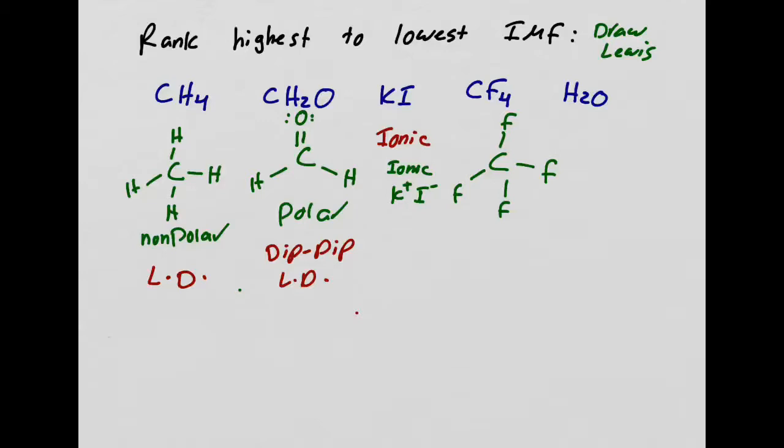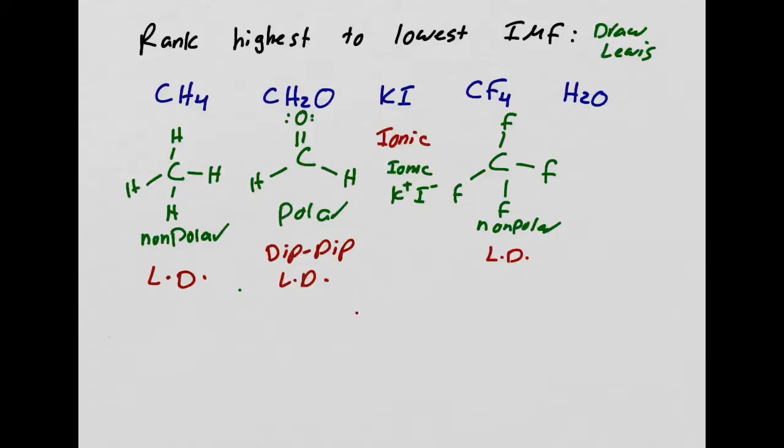Now, if it's covalent, the question is, is it polar or is it nonpolar? This is tetrahedral. This is a nonpolar geometry. So this is London dispersion only, because it's covalent with two nonmetals together, but is also non-polar. That makes it have only London dispersion.